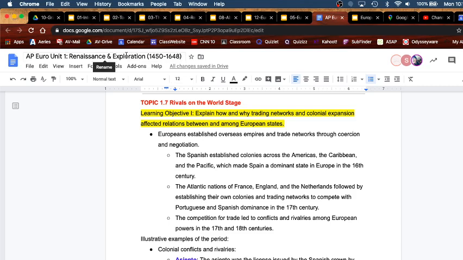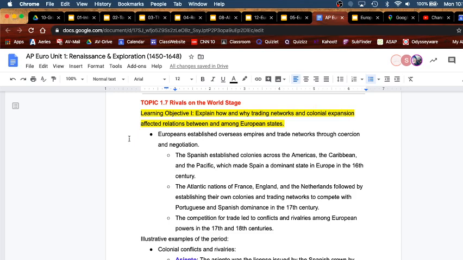But more than exploration, it's going to cover the interconnectedness of the European countries as they fought, struggled, and competed with each other for dominance on the world stage. Spoiler alert, England's going to win out. The British are going to get the biggest empire the world has ever seen. So let's go ahead and dive into it.